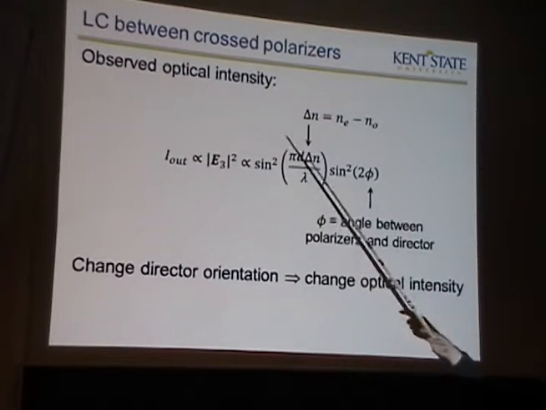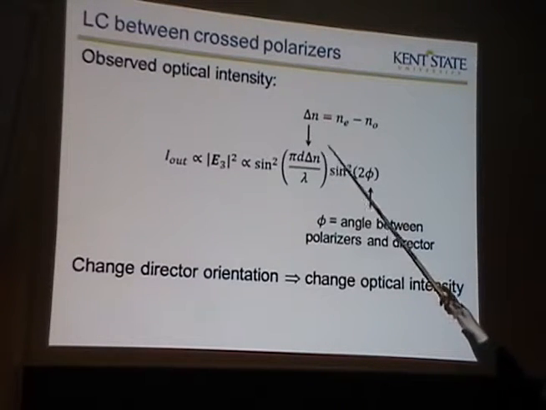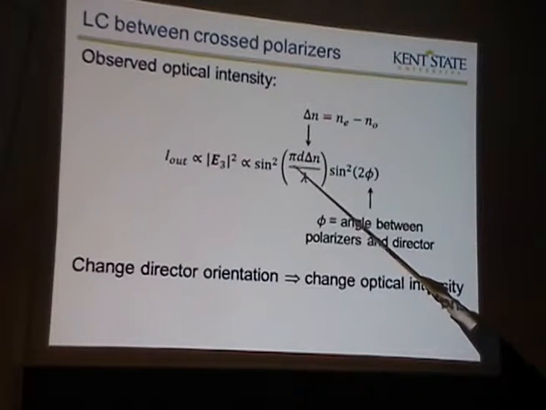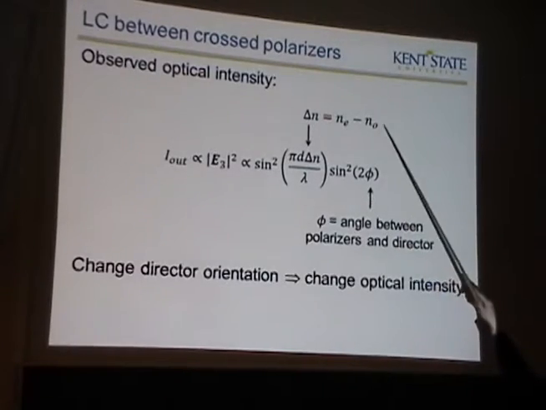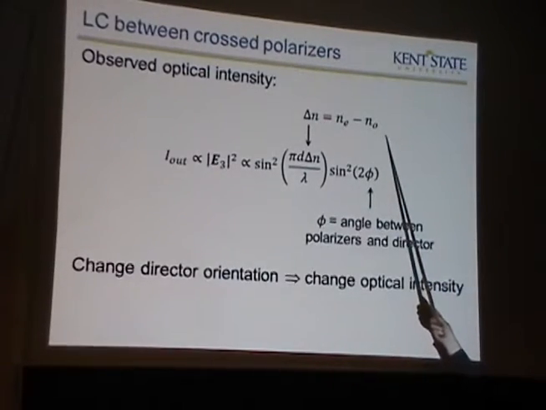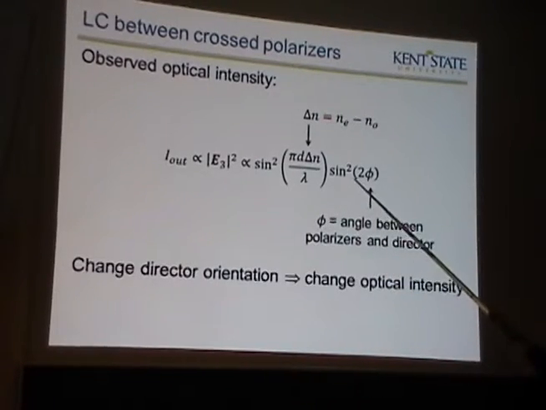That works out to the product of two sine squareds: one is sine squared of pi times the thickness times delta n, the difference of these indices of refraction, divided by the wavelength, and then sine squared of 2 phi, where phi is the angle between the polarizers and the director.